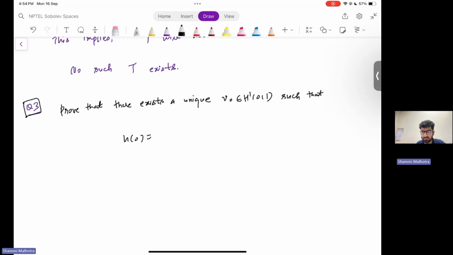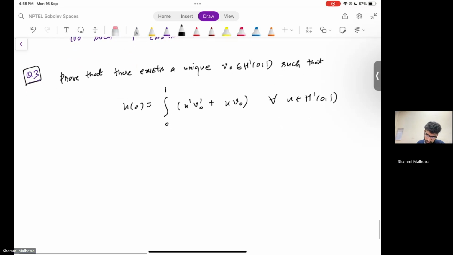So we have this pointwise notion of functions, so u(0) makes sense.